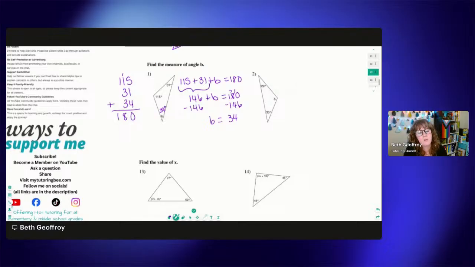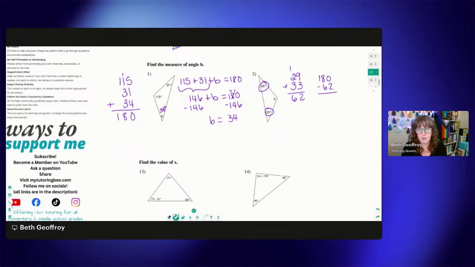Same thing over here. One of the ways that I've seen a lot of my students doing it when I'm working with them during tutoring sessions, the ways that their teachers have taught them to do it, is go ahead and just add up the two angles that you're given. So 29 plus 33, that gives us 62. And then we can take that 62 and subtract it from 180.